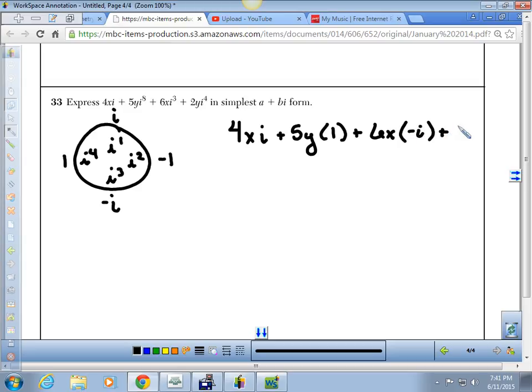Plus 2y. What is i to the fourth? Positive 1 again. Okay, so over here I have a 4x i. 5y times 1 is just 5y. What's 6x times negative i going to be?